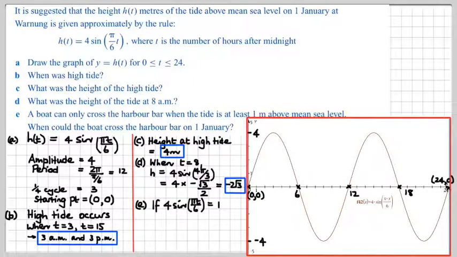Okay, so that's if 4 sine pi t on 6 equals 1, we can solve that, and we get that, yes? And now I've got to do a working domain here, guys, if I'm going to work out all the occasions where it occurs. So if t goes from 0 to 24, then what's pi t on 6 going to go from? See, I've got to capture all my solutions, and I need to know what the working domain is in order to do that.